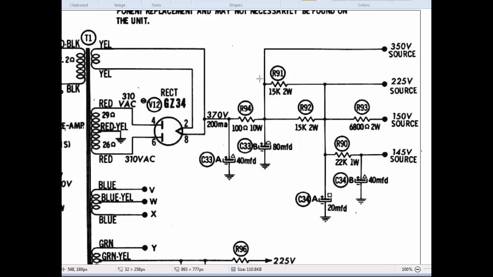And then we take that 350 volts, drop some of it across this resistor, and it gets us down to 225 volts. We take that 350 volts that's sitting here, and we drop it through this resistor, which by the way is the same as at this point, which is the same as at this point. Why? Because that resistor value and that resistor value is the same. But then you take and drop that amount across this resistor, and you end up at 150 volts at this point.